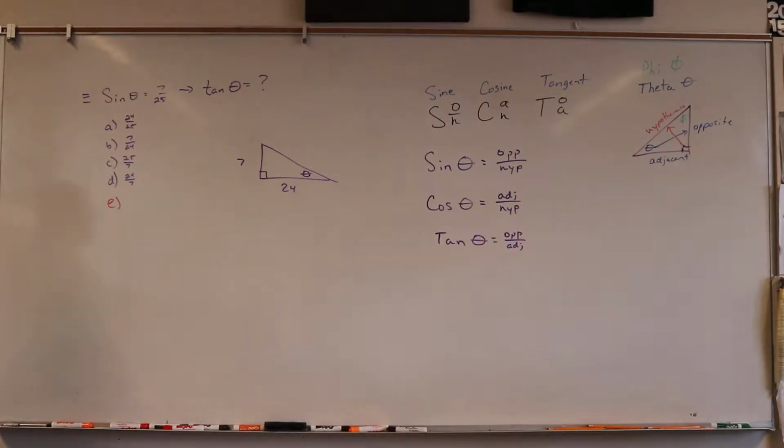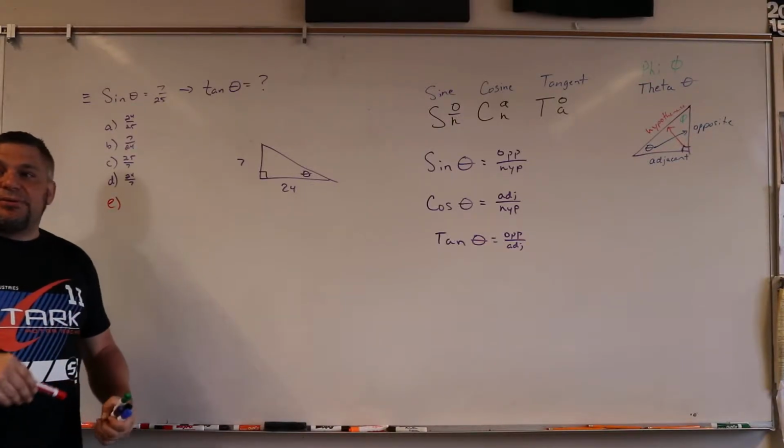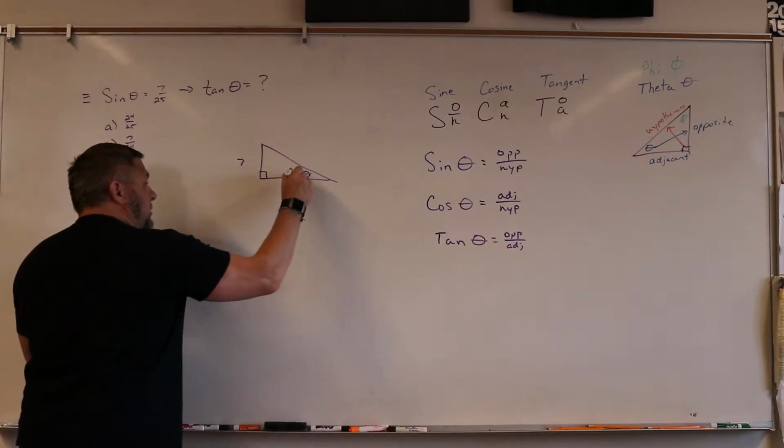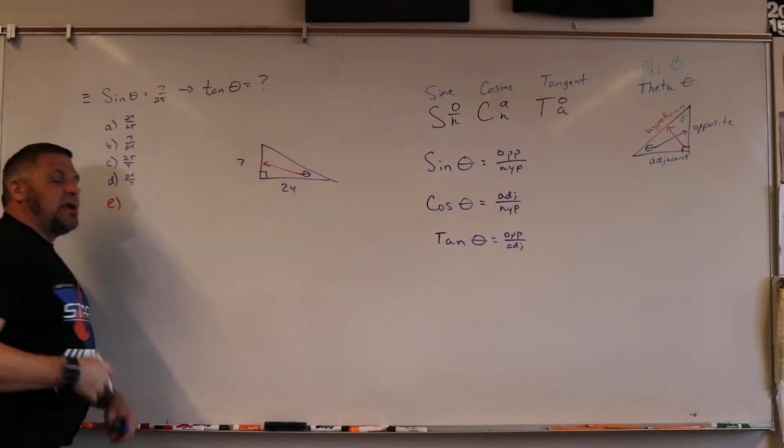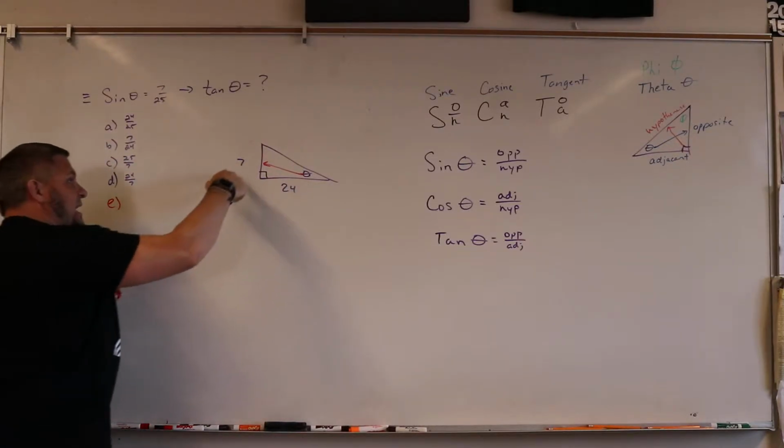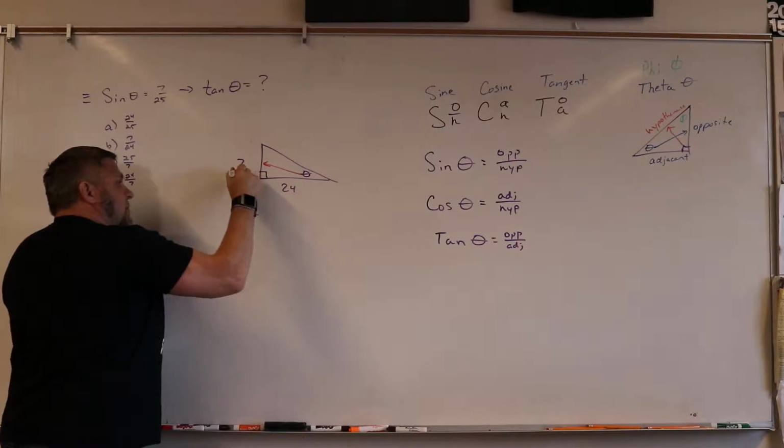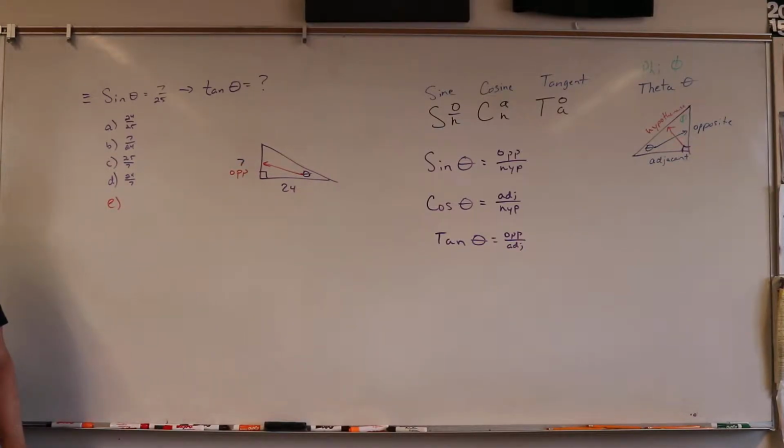Once I know these, it's all relative to the angle. So the side opposite of the angle is 7. Which was the hypotenuse? Is it 24?